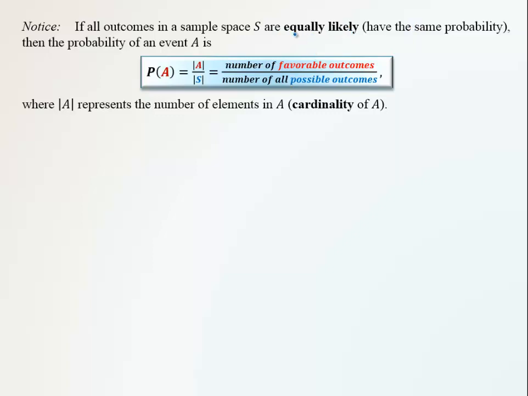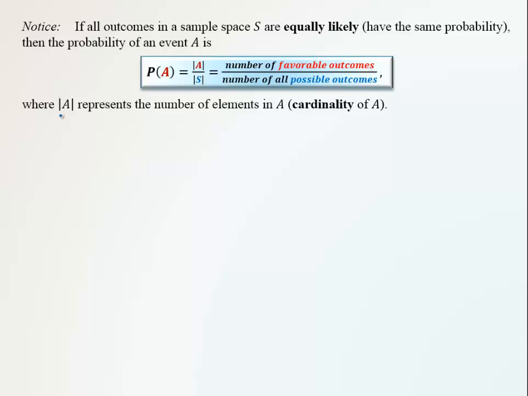If we work with equally likely outcomes, then probability of an event A, which is a subset of a sample space S, is the ratio of the number of outcomes in A over the number of outcomes in the sample space S. The outcomes of A are called favorable outcomes, and the outcomes in the sample space S are called all possible outcomes. Therefore, probability of A is the same as number of favorable outcomes over number of all possible outcomes.